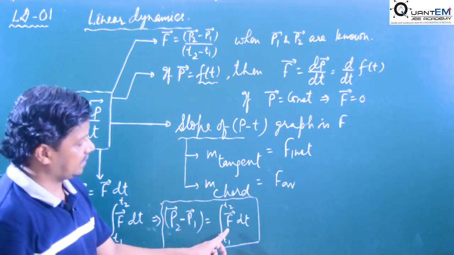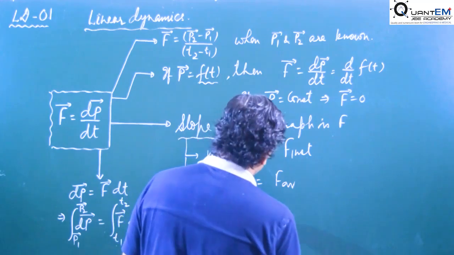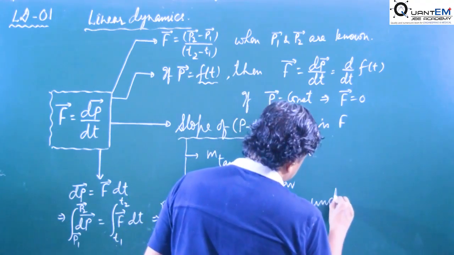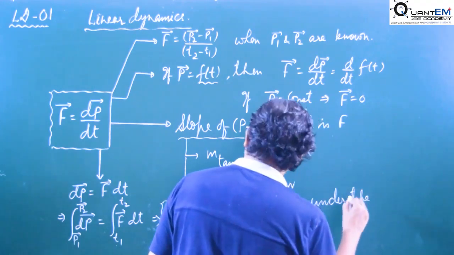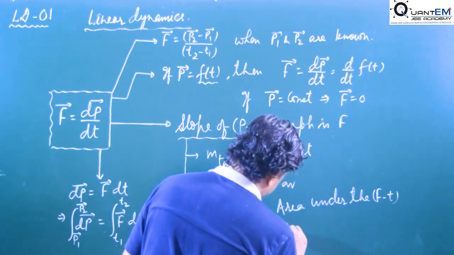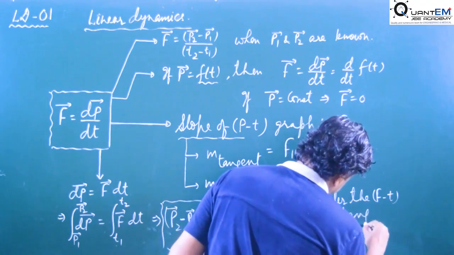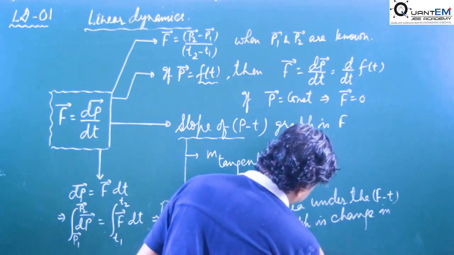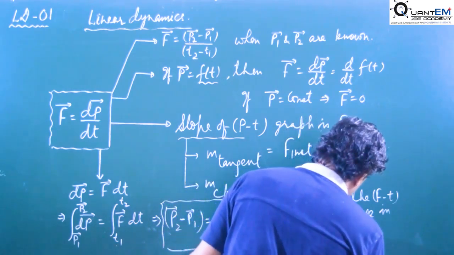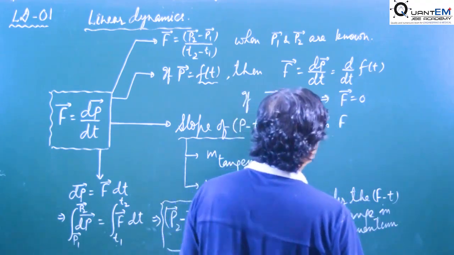Integration gives the area under the graph. So the result shows that the area under the force-time graph, the F-t graph, is the change in linear momentum.